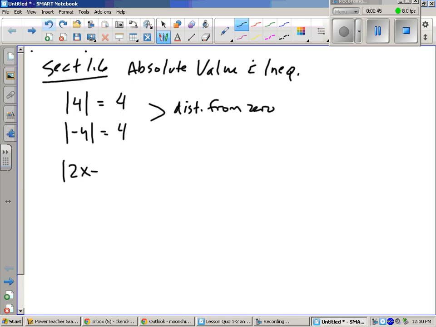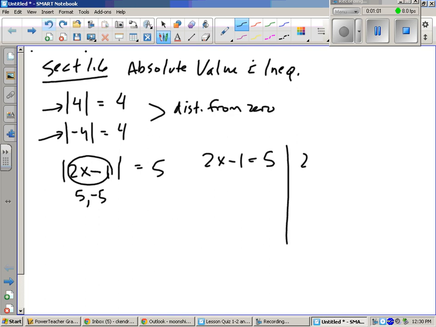If I change up the inside of this a little bit, and you think, okay, this has to be either 5 or -5, just like this was 4 or -4, I can set up two equations. 2x minus 1 equals 5, and 2x minus 1 equals -5, and then you solve it as normal.